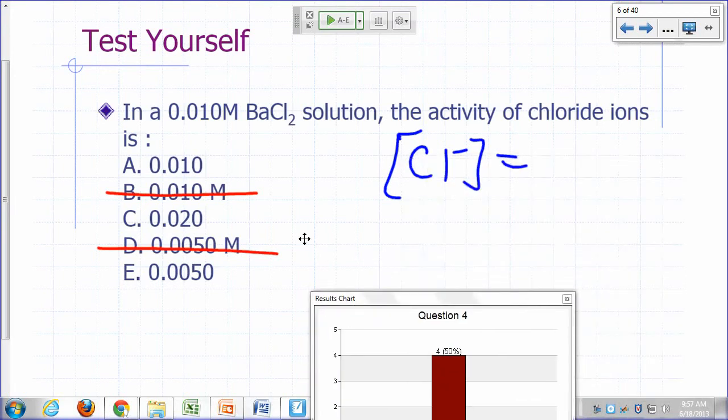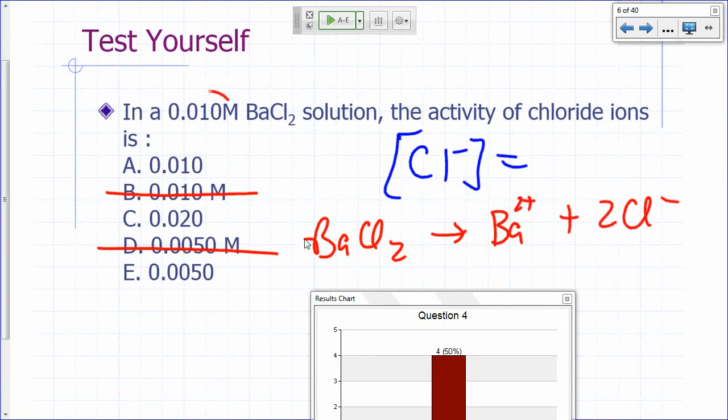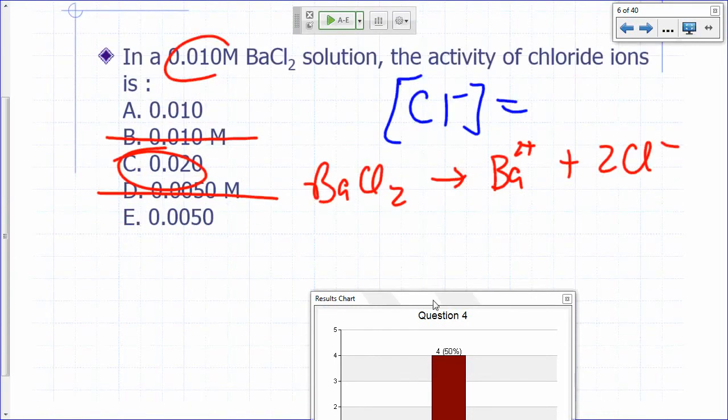What happens to barium chloride in water? It breaks up into barium ions and 2 chloride ions, right? So if you have 0.01 moles of barium chloride, that's actually 0.02 moles of chloride. So 2 times 0.01 would be 0.02. Very good. Correct answer is C.